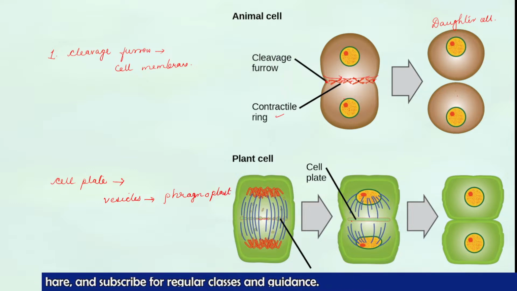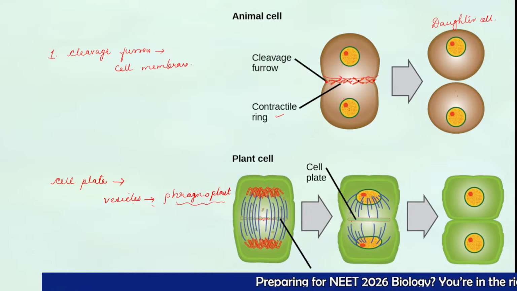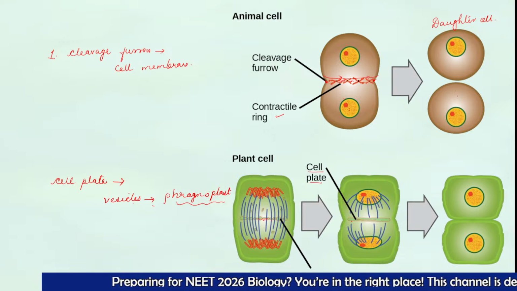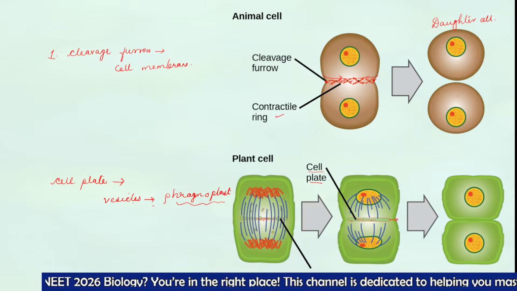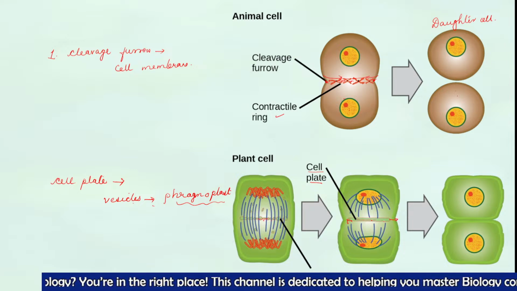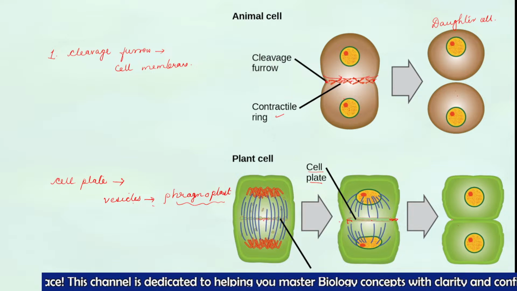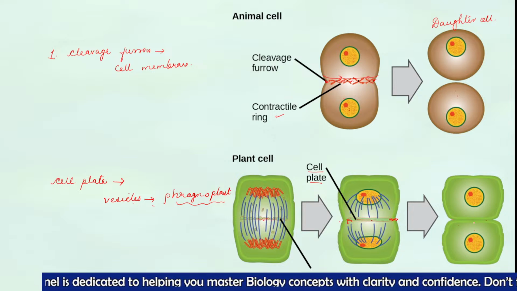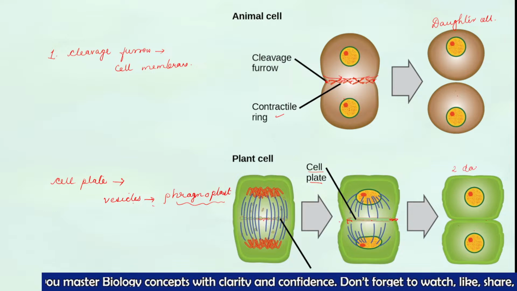From the Golgi, small vesicles form, and they are called the phragmoplast. When these vesicles join to form a single structure, it is called a cell plate. The cell plate forms at the center and then grows outward towards the periphery, and finally joins with the cell wall, and there is a separation of the cytoplasm, so two daughter cells are formed.